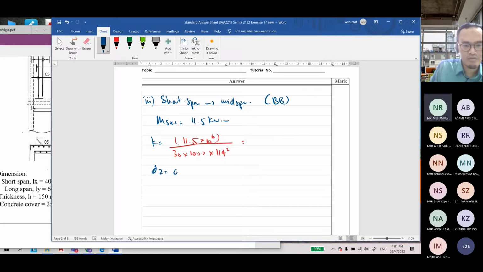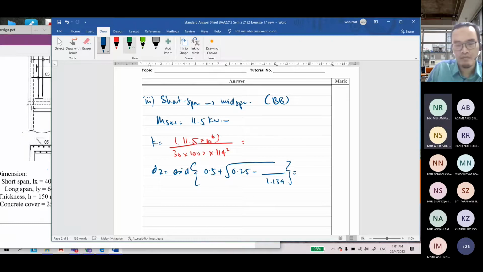Z is equal to 0.5 plus the square root of 0.25 minus K over 1.134. What is the value of K? 0.029, lesser than 0.167, so conclude as singly reinforced.